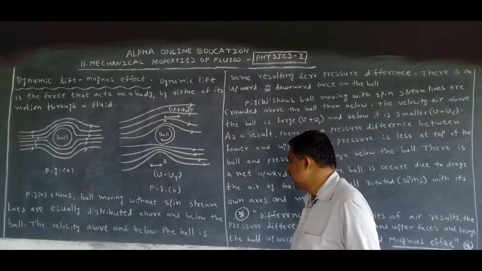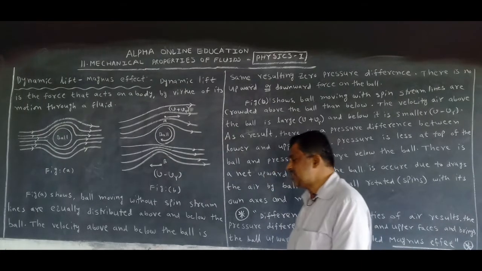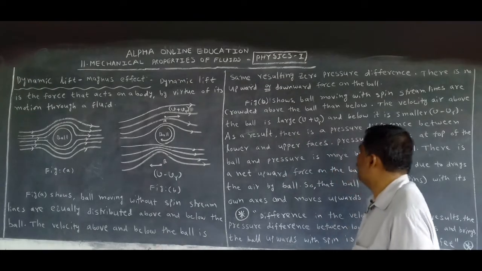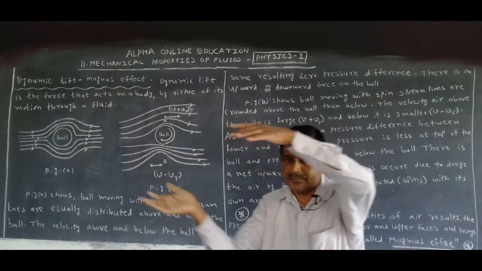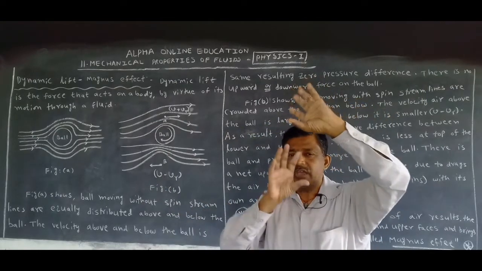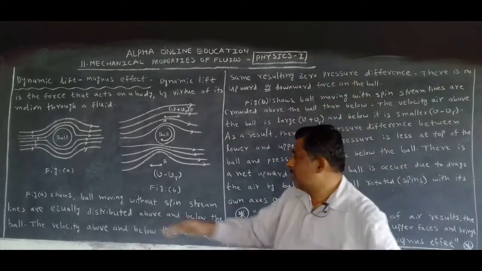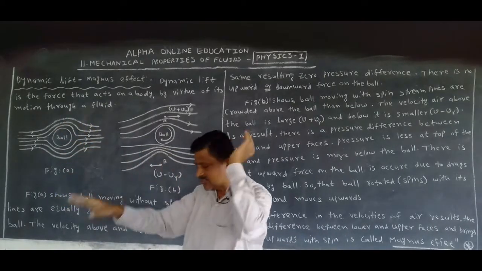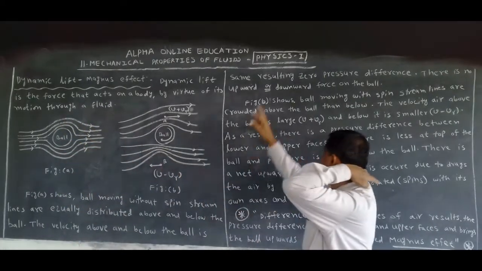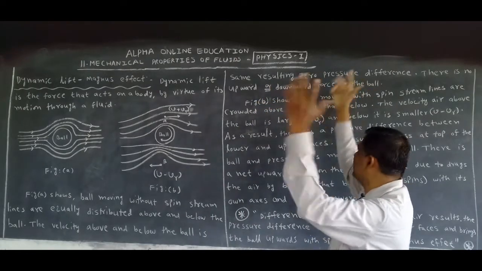The velocity above and below the ball is the same, so the streamlines are there above the ball and below the ball, and the velocity is the same, resulting in zero pressure difference.